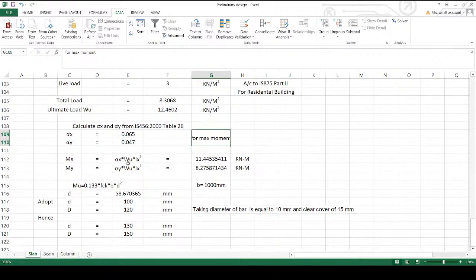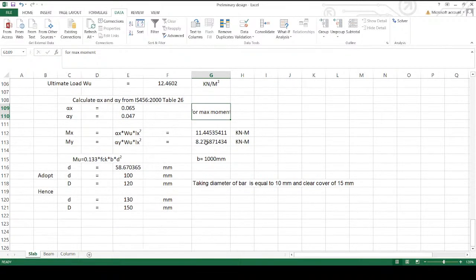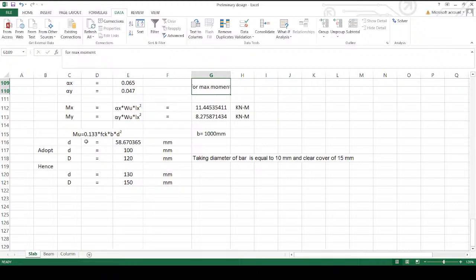Mu is alpha x w lx square, and mu is alpha y w lx square, so you have got the two moments using this formula. You have to calculate the small d, here b is 1000 mm, fck 25, M is the greater among these, and d is equal to 58.60.